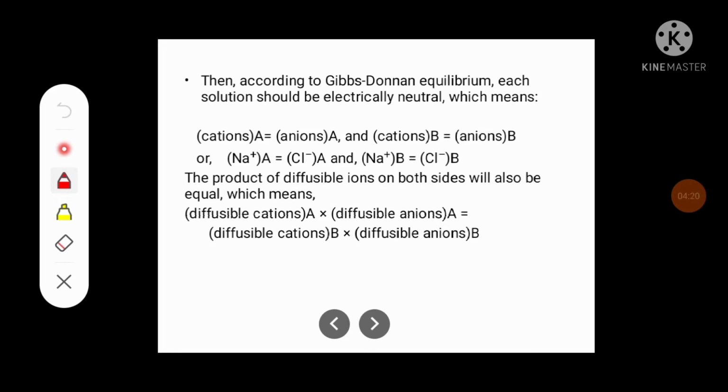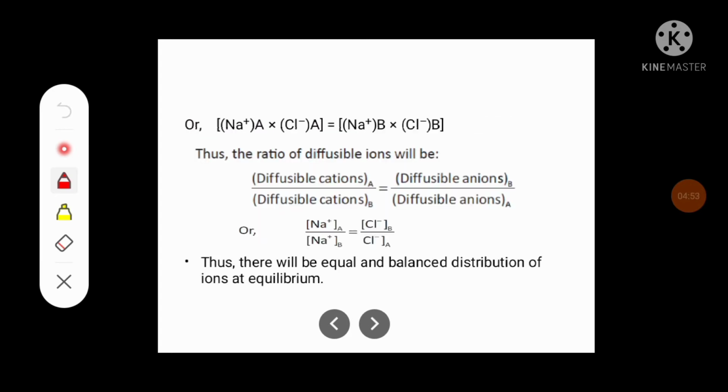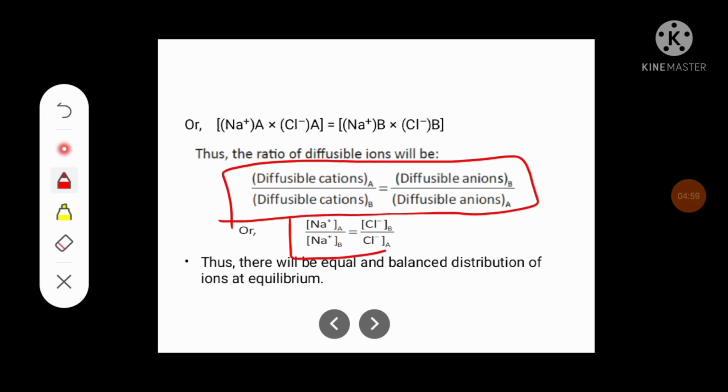According to Gibbs-Donnan equilibrium, the solutions should be electrically neutral, which means cations in A equal anions in A, and cations in B equal anions in B. So the product of diffusible ions on both sides will be equal, which means diffusible cations in A times diffusible anions in A is equal to diffusible cations in B times diffusible anions in B. Thus, this Gibbs-Donnan equilibrium gives this particular equation, and there will be an equal and balanced distribution of ions at equilibrium.